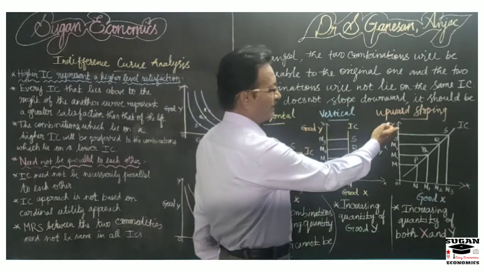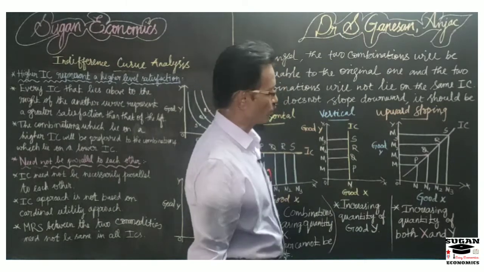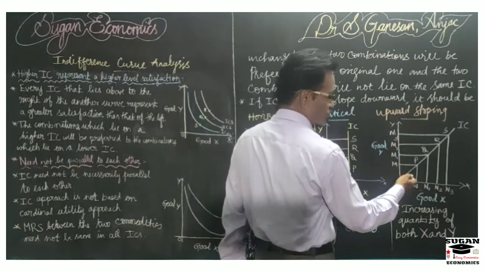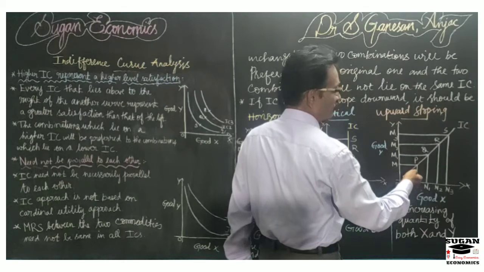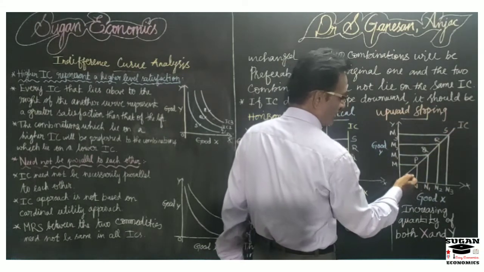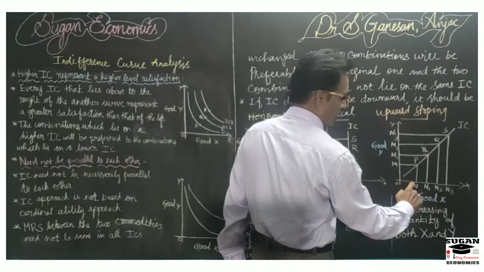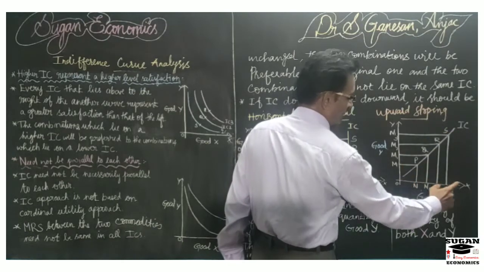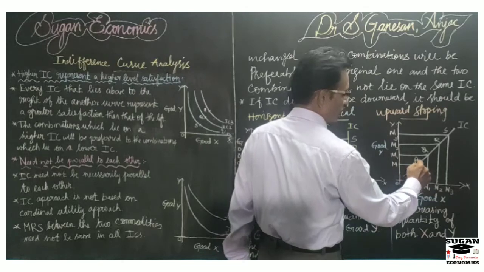Now, why should the indifference curve not be an upward sloping one? If it is upward sloping, the curve will be an increasing one. So here you take into account IZ. It explains that both the commodities will increase when a consumer moves from one point to another point.